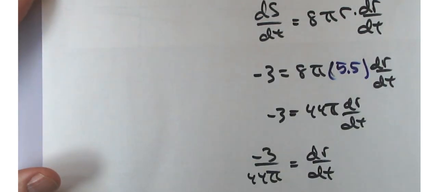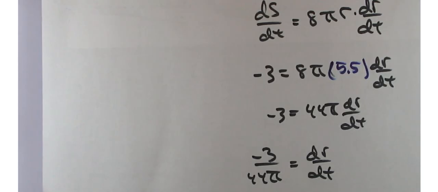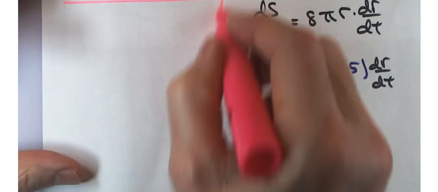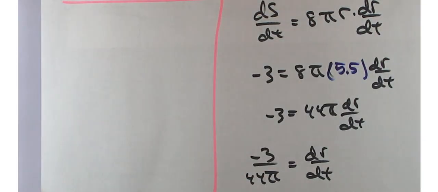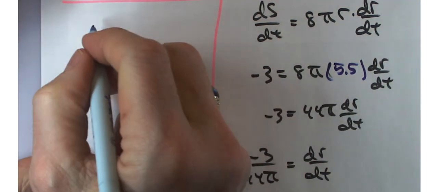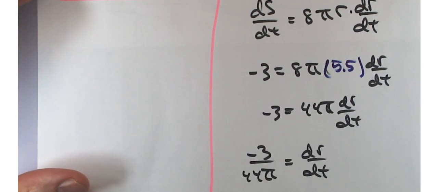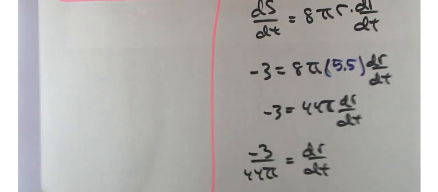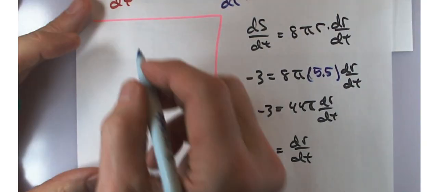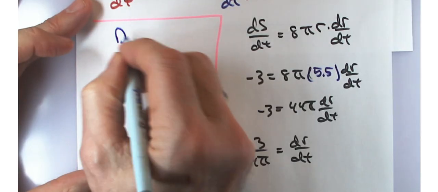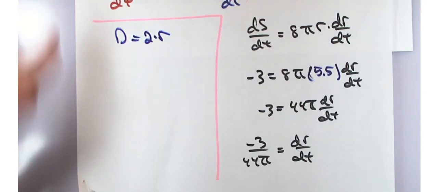So let's finish that off. And I'll do that right here. How do the diameter and radius relate to each other? How do you get from one to the other? Yeah, diameter is twice the radius.